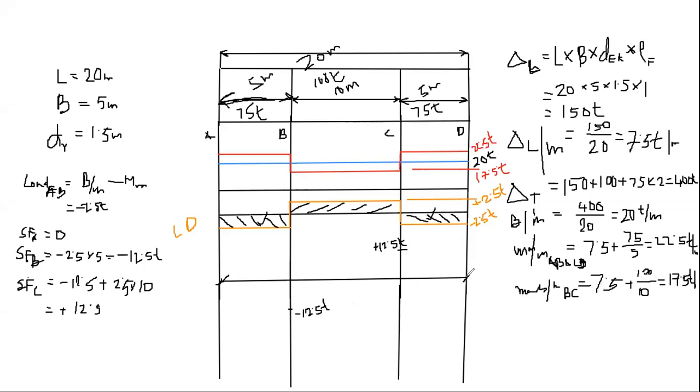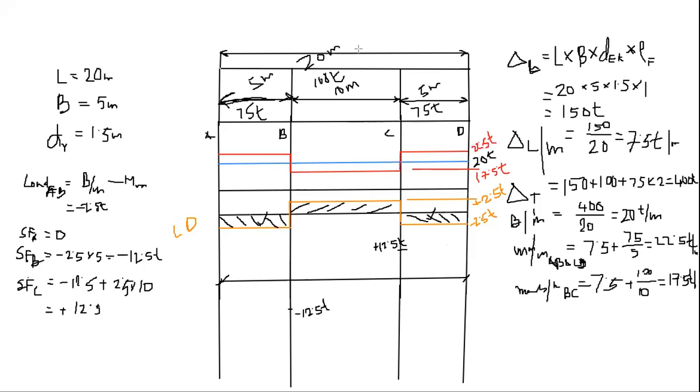And if you don't get 0, it means you have made some mistake. This end will always be 0. Why will it become 0? Because if you add these two areas, they will be equal. That is the reason it will be 0.